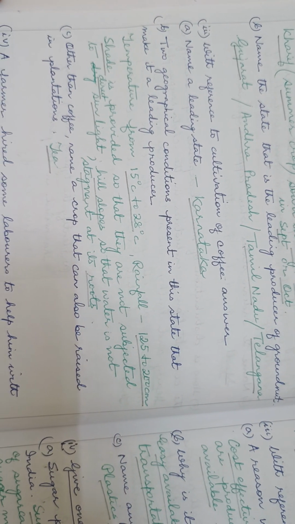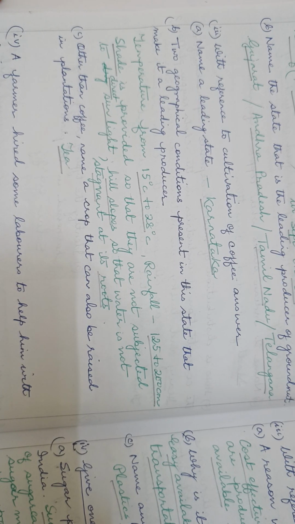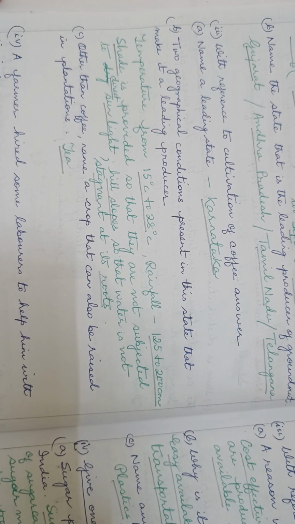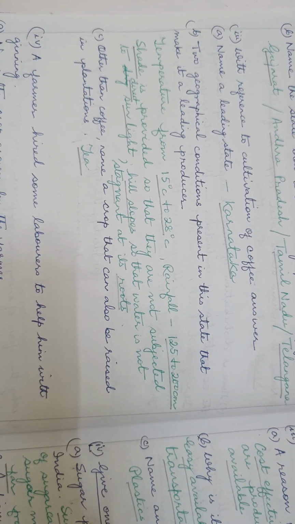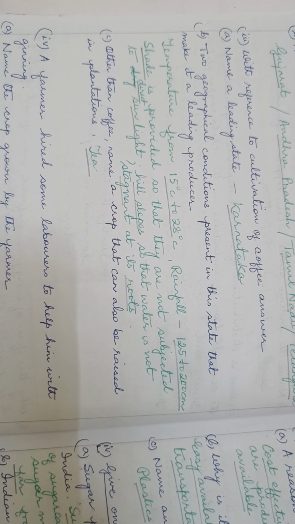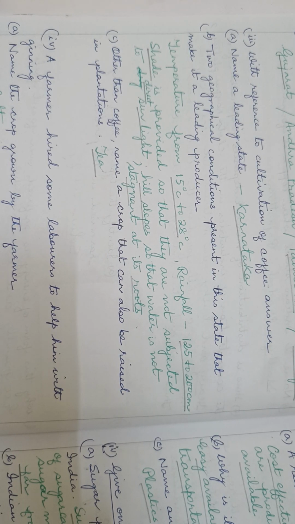Now, next, Roman number 3A, the leading state which is producing coffee is Karnataka. And the next, two geographical conditions present in this state that make it a leading producer. Temperature from 15 degrees Celsius to 28 degrees Celsius.